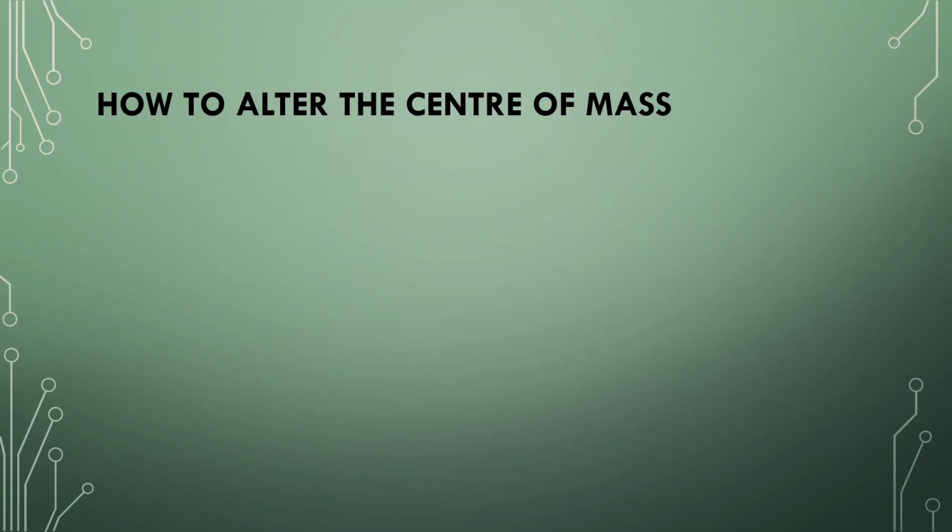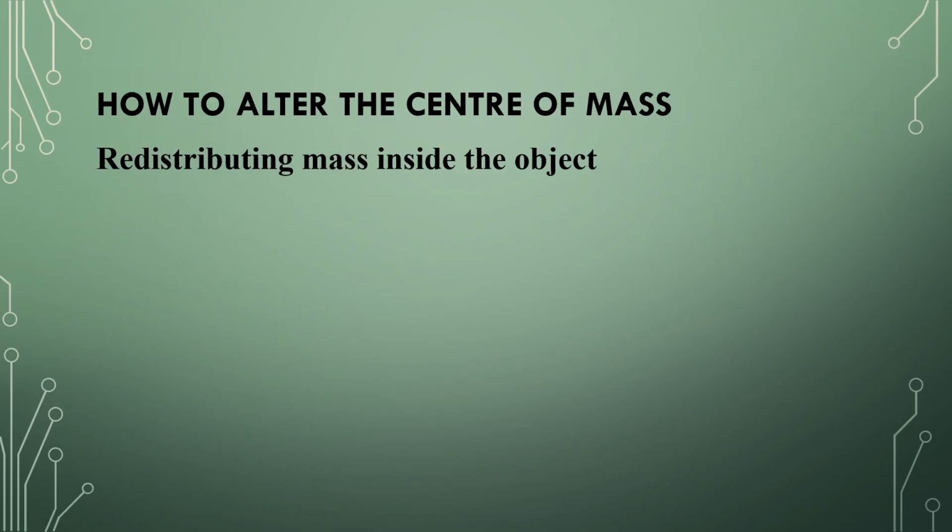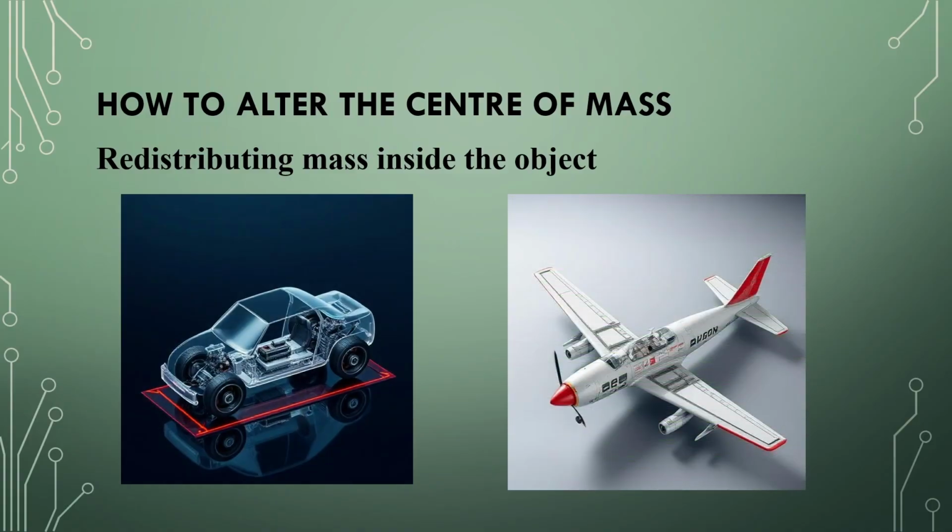The third case is redistribution of mass inside the object. This is a very interesting one which is used by engineers to design cars, aircraft and rockets by placing the components such that the center of mass is at a stable position.